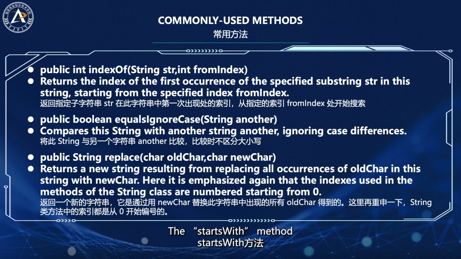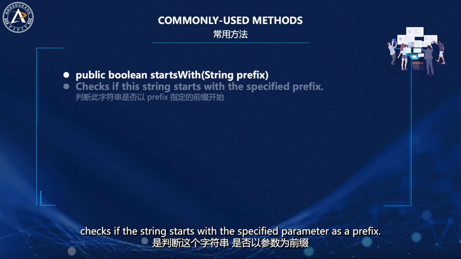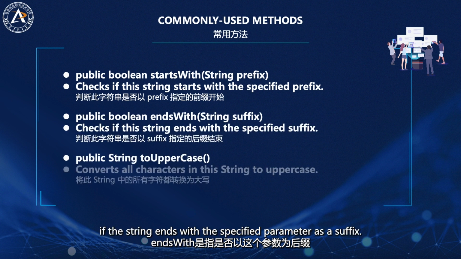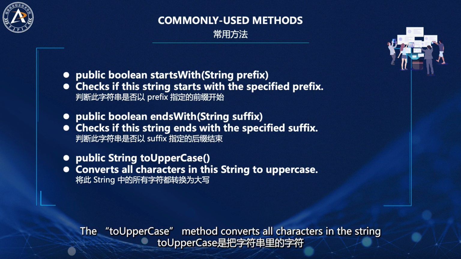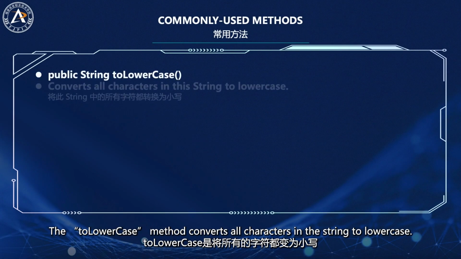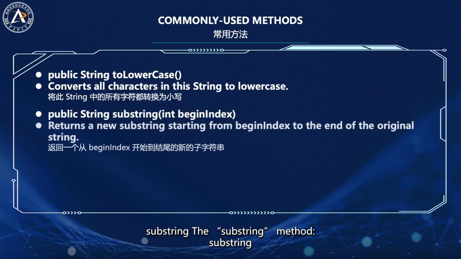The startsWith method checks if the string starts with the specified parameter as a prefix. The endsWith method checks if the string ends with the specified parameter as a suffix. The toUpperCase method converts all characters in the string to uppercase. The toLowerCase method converts all characters in the string to lowercase. The substring method.